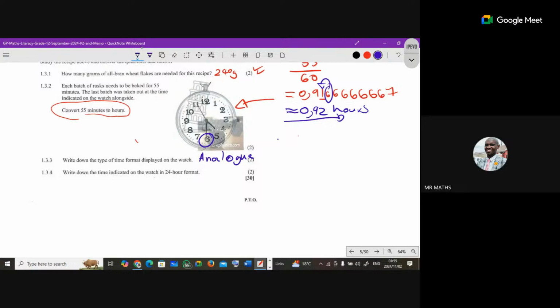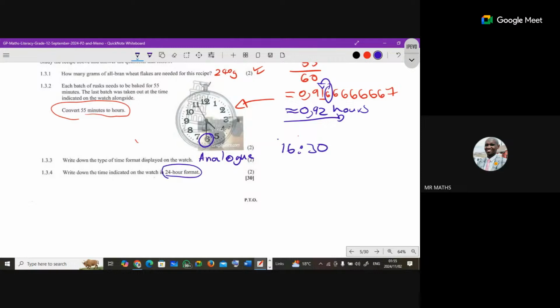I hope it makes sense. So what is half past 4 in 24-hour format? If it's after 12, in 24-hour time, half past 4 is 16, and half past is 30 minutes.